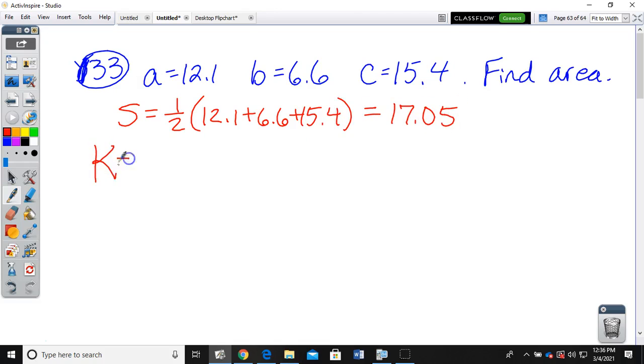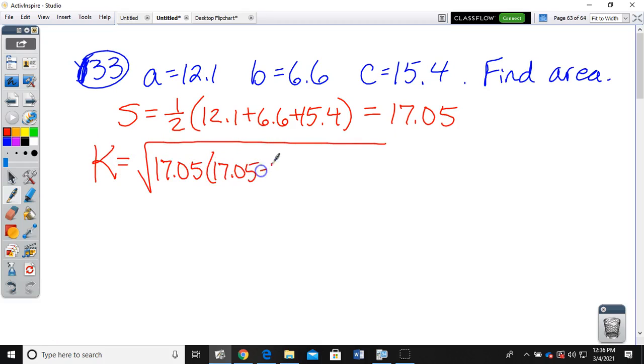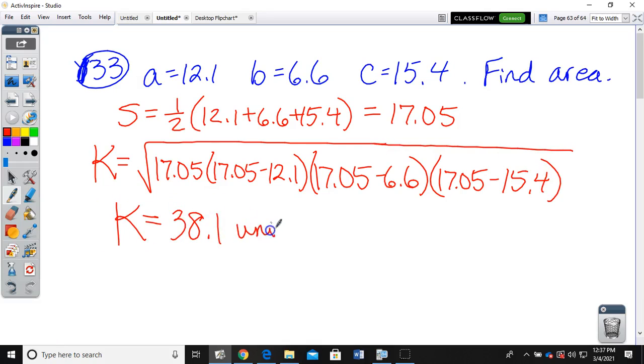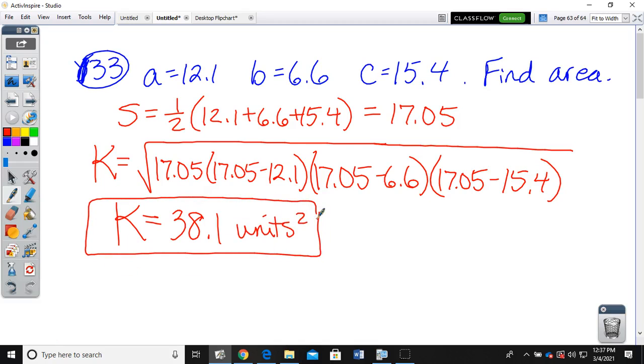And then plug it into Heron's formula. 17.05 times 17.05 minus 12.1 times 17.05 minus 6.6 times 17.05 minus 15.4. It says it's 38.1. Is that right? Units squared. Okay.